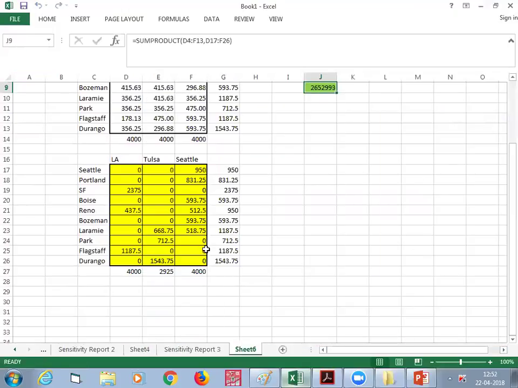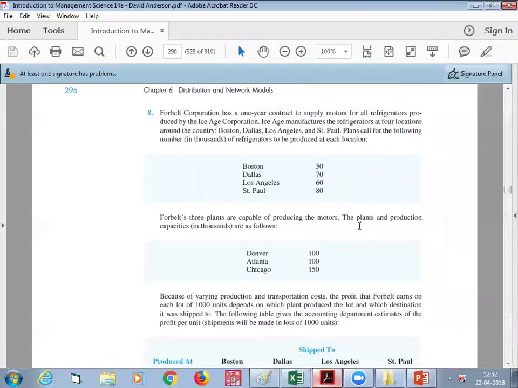Now things get a little mixed up, because earlier we had unlimited quantity, now it's limited. So we're not using most of Tulsa, only a little more than 50%, about 58%. Very simple one.